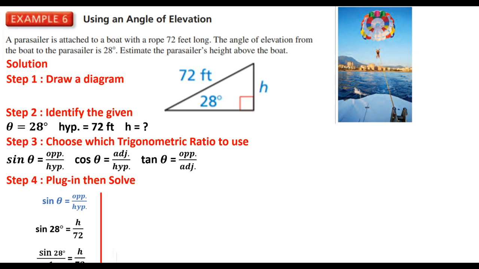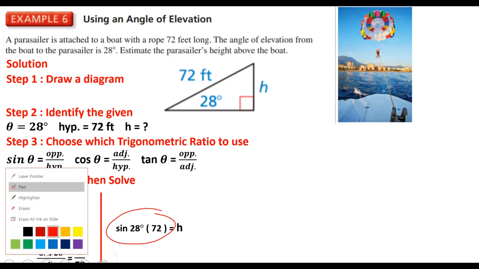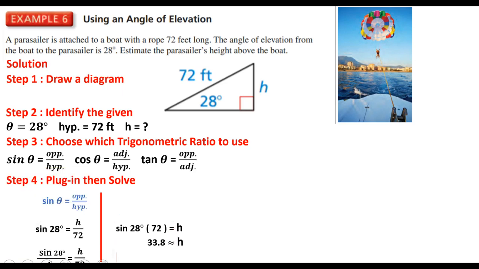So we'll do sine 28 degrees times 72. H times 1 is H. Now to get the value of that, just plug that in your calculator, in your graphing calculator or Desmos or in your scientific calculator, and you should get a value of 33.8. So meaning the height now of the parasailer above the boat is about 33.8.